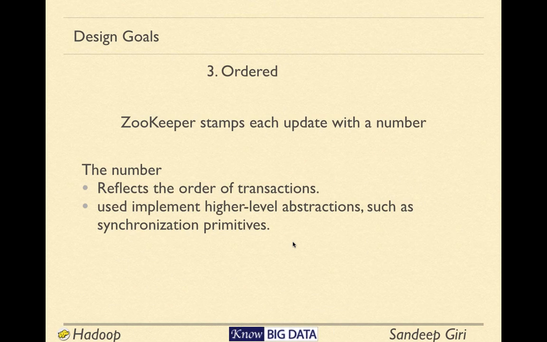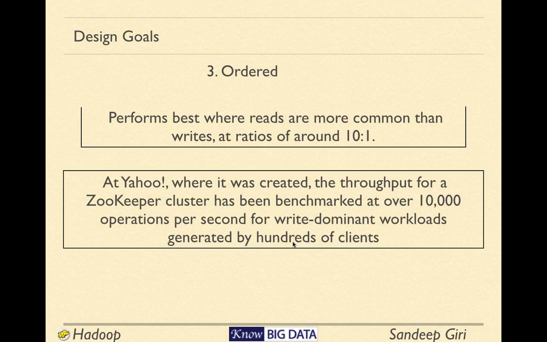To make it really well synchronized, Zookeeper stamps each update with a number. The number reflects the order of transactions so far. And yeah, it is fairly fast.